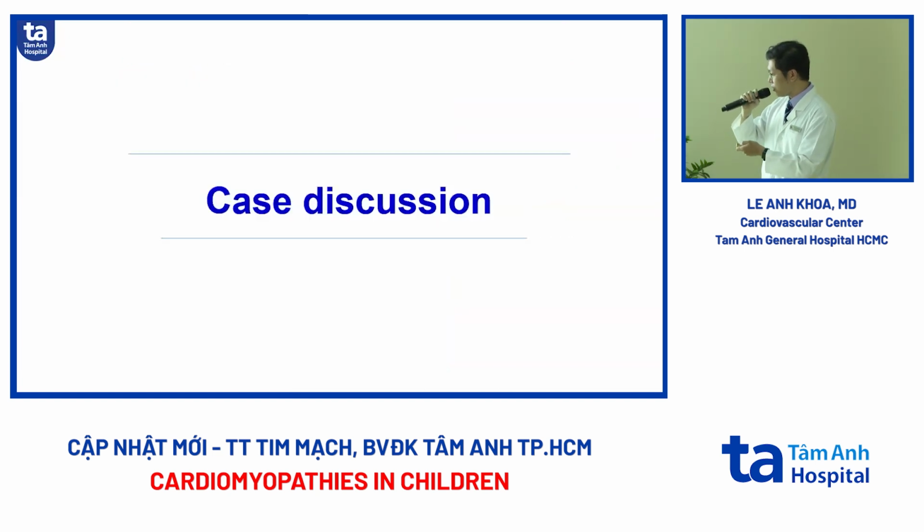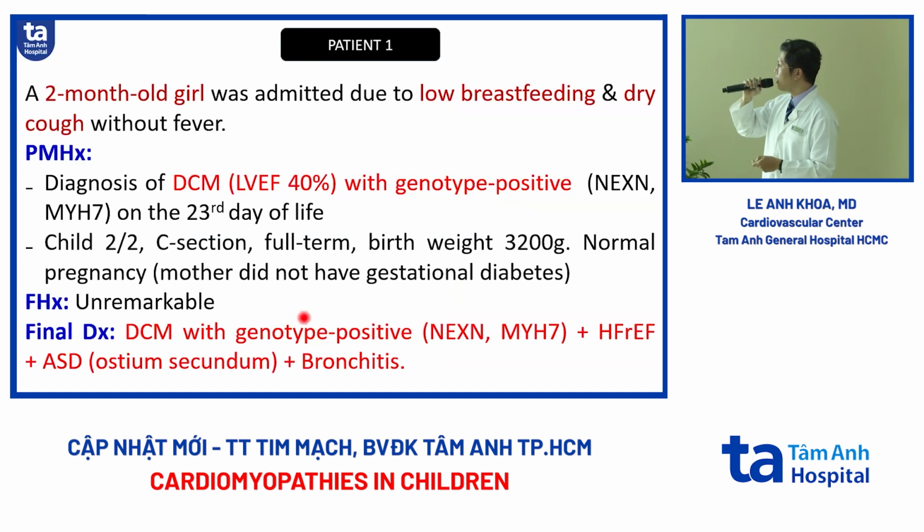After that, I show two typical cases of cardiomyopathy in children. Patient one is a 2 months old girl, admitted due to low breastfeeding and dry cough without fever. For personal medical history, she was diagnosed with dilated cardiomyopathy with left ventricular ejection fraction of 40% with genotype positive, a 2-chain mutation here.